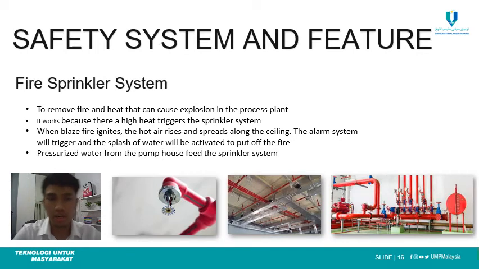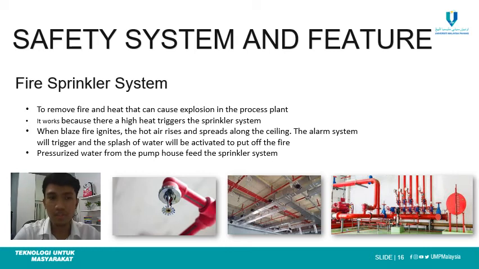Now let's move to the safety systems and features. In our process plant, there are three safety systems that we will put together, including the fire sprinkler system, the emergency road, and the assembly point.